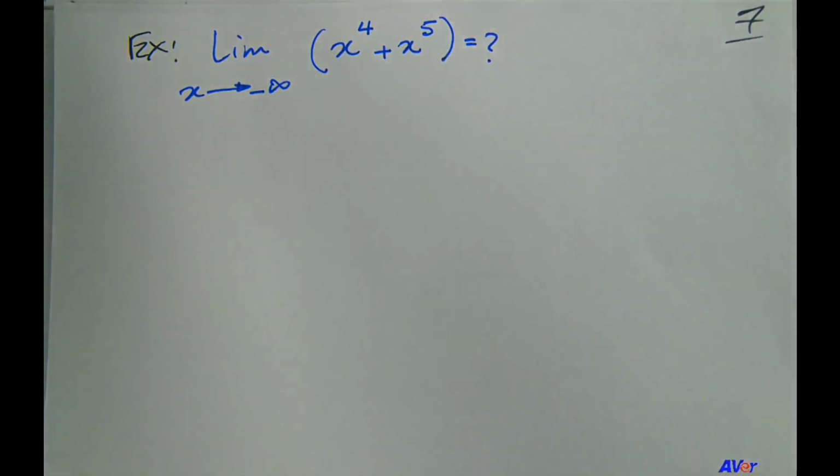So can we factor this? Absolutely we can. In the previous one, we factored the x term with the lowest power. Can we factor out the x term with the highest power? Absolutely we can. Okay, so let's do that. But we should factor, that's the main point.